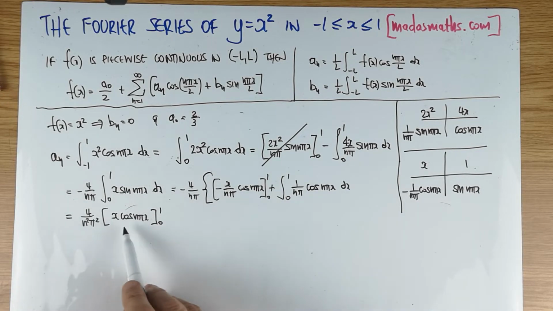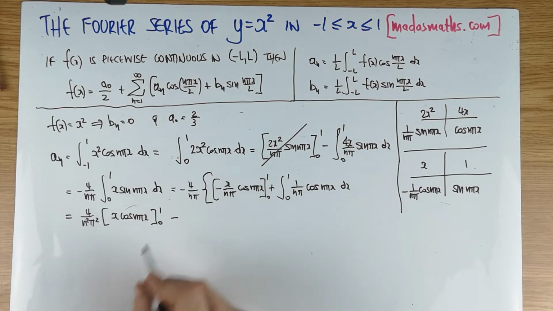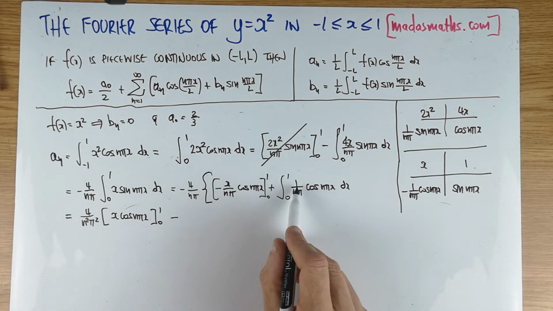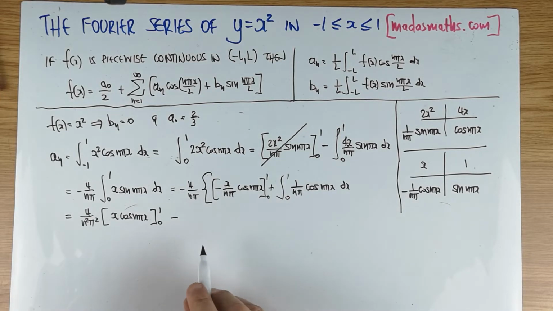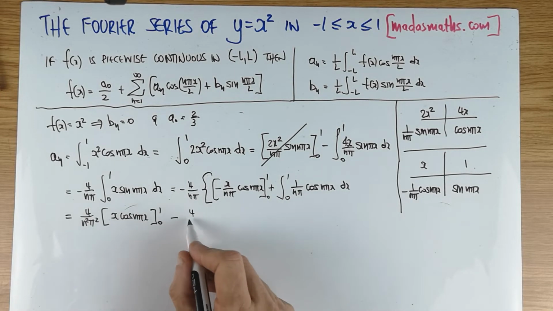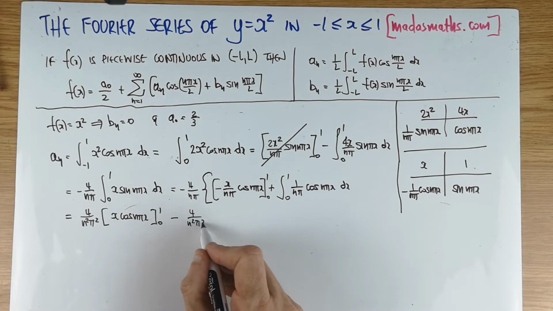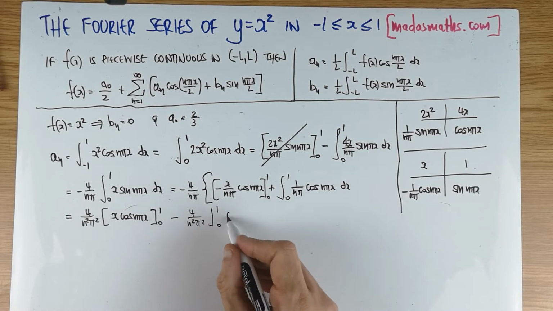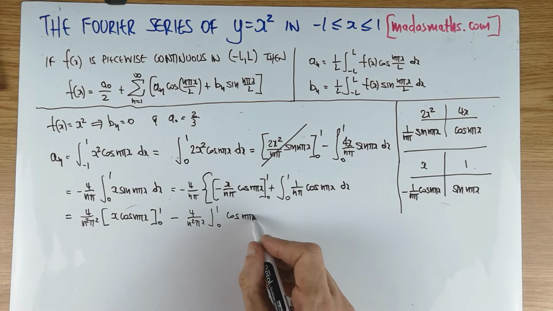And now I have a minus, and in front of the integral, a 4 over n squared pi squared, and I still have to integrate the cos of n pi x dx.